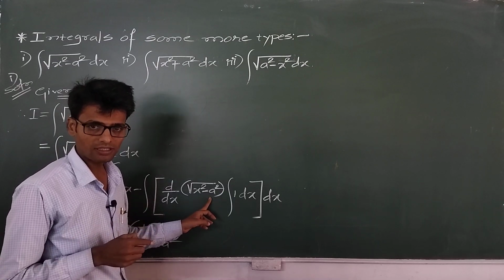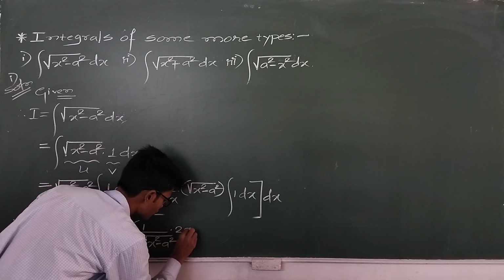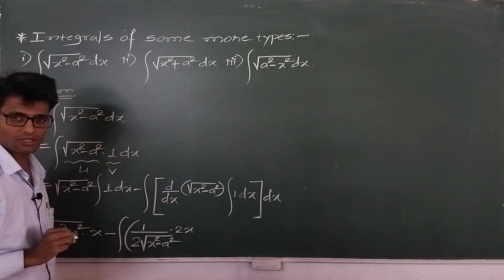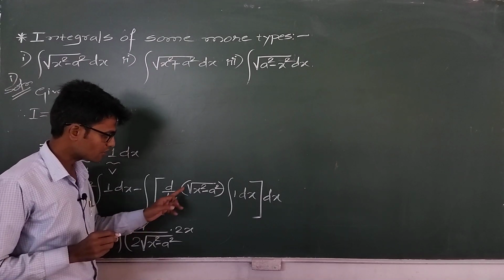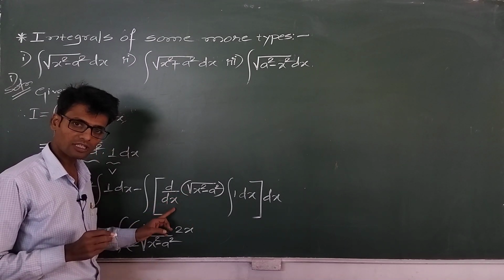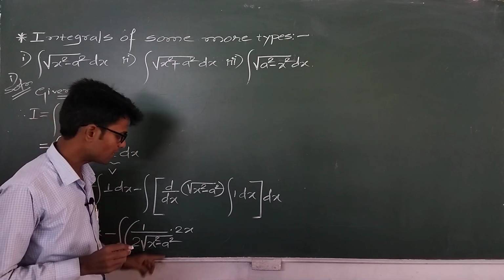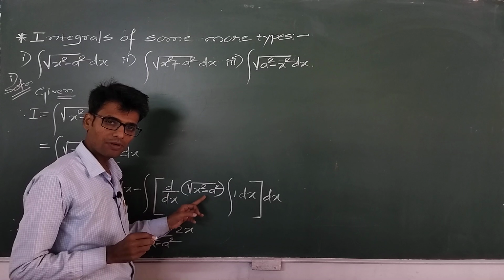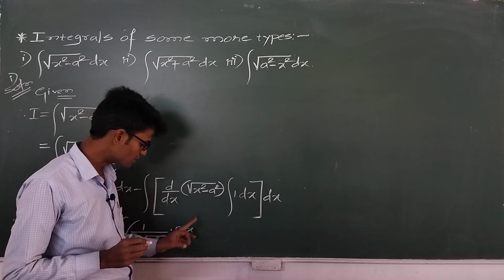A square is constant, so differentiation of a square is 0, and here you get only 2x, into 2x. I repeat once again, differentiation of square root of x square minus a square with respect to x is 1 by 2 square root of x square minus a square. After that, you differentiate x square minus a square. Differentiation of x square is 2x minus differentiation of a square is 0. So 2x minus 0 is 2x.